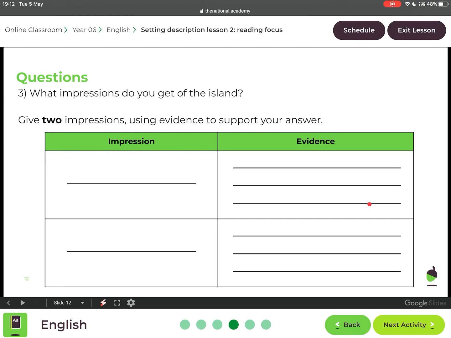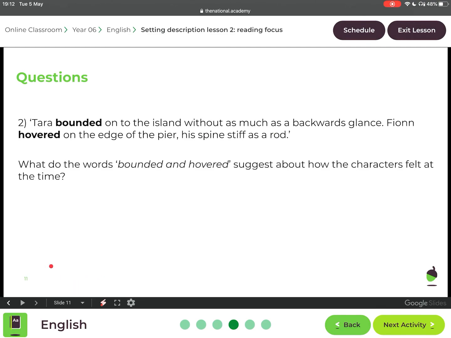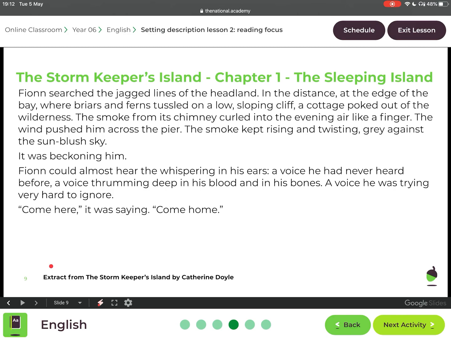You could have different things, but the things I put were the island is deserted because it says the island was oddly deserted, and also I put the island is pretty or beautiful because it says there's green pockets, and there's a sun-blushed sky, which seems quite nice.